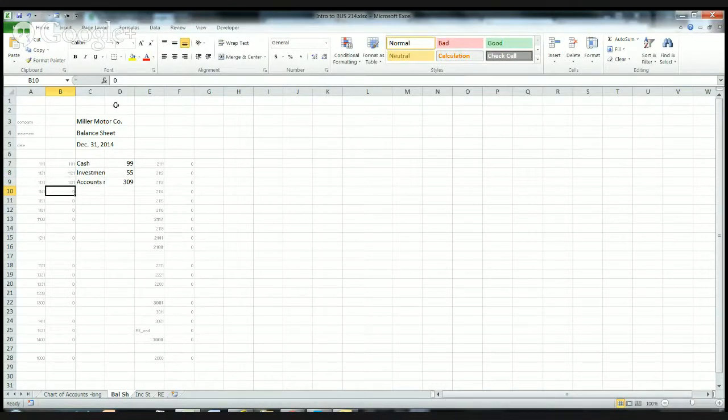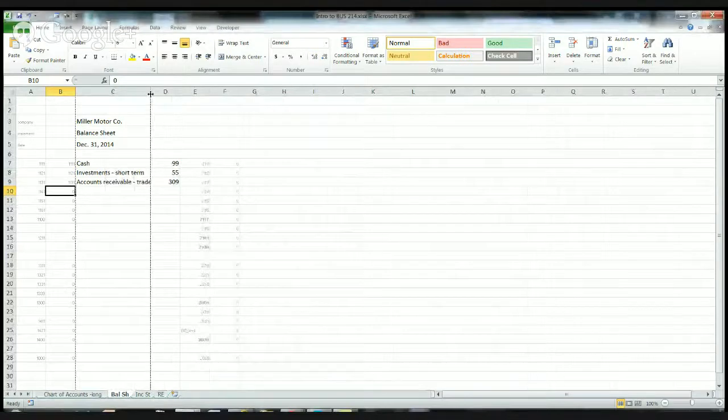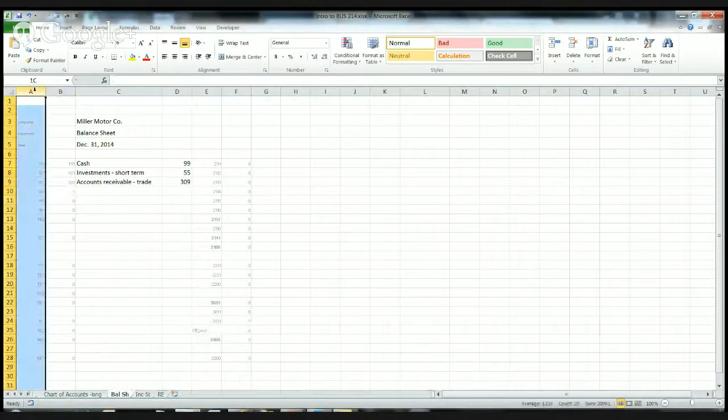Now one of the things I can do is come up here to where these two cells meet. You see that little double arrow there? I can drag and increase the width of my cells. That's helpful. Or another thing I can do, see that arrow over there?